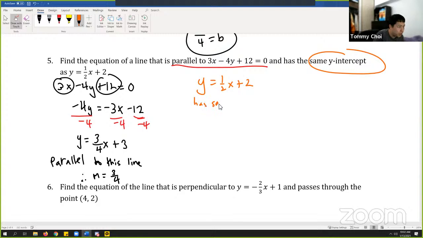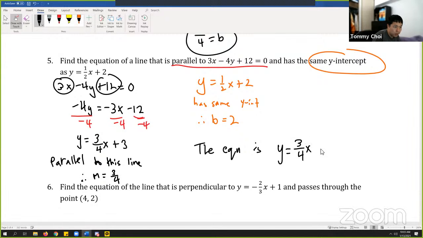Therefore, the y-intercept is 2, the same thing as in the question. Which means what's my final equation? The equation is y equals 3/4x plus 2.